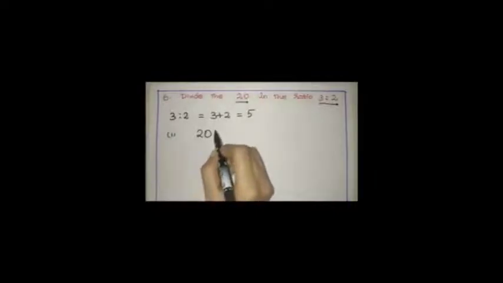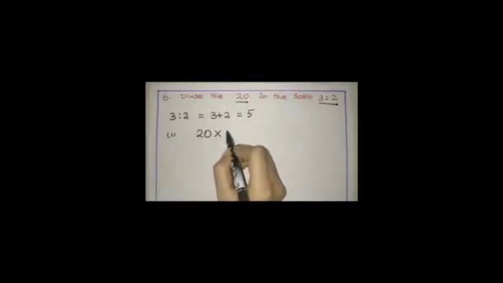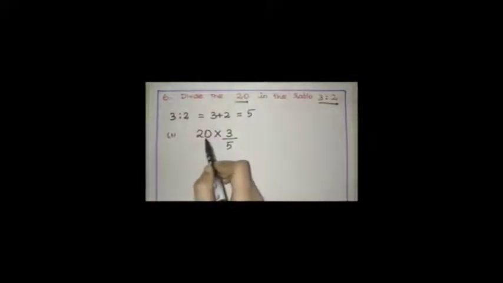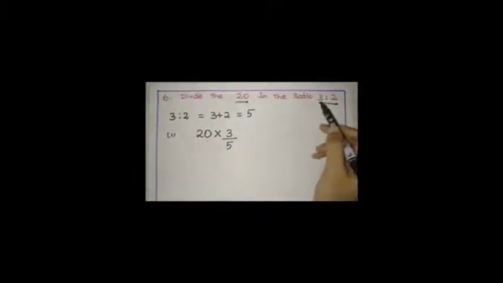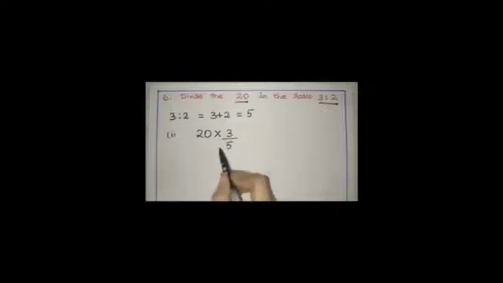For that write 20 and multiply the first part 3 divided by the total part 5. How will you do? Write the given number and write the first part 3 and divided by the total part.